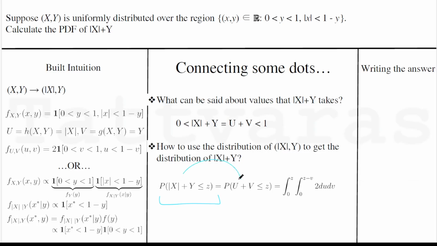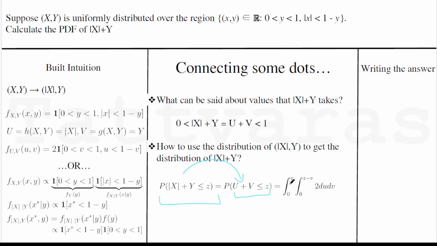Now this can be written as this using the notation that we are using right now. And it's quite easy. It's basically saying what is the probability of the entire region where u plus v is less than or equal to z.